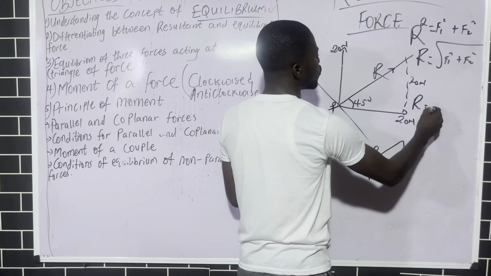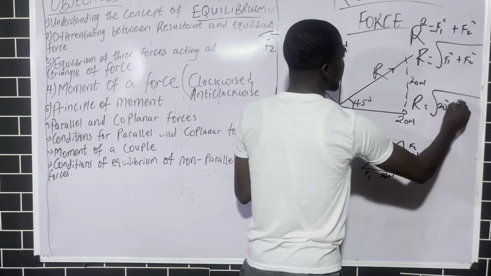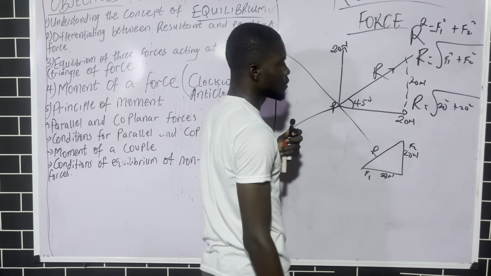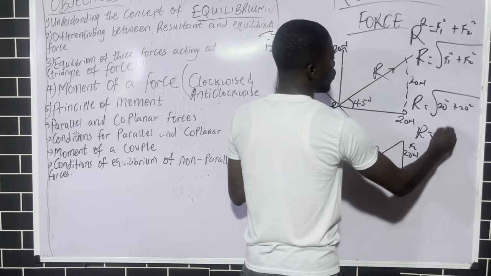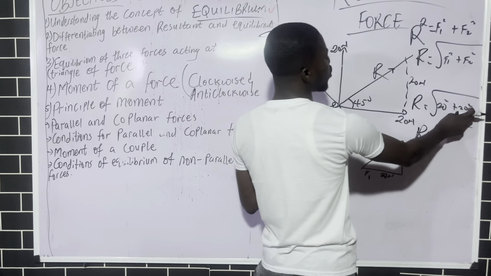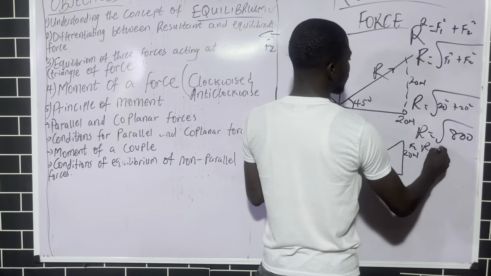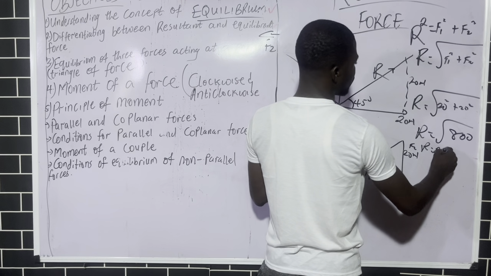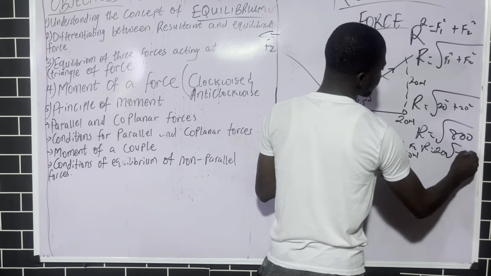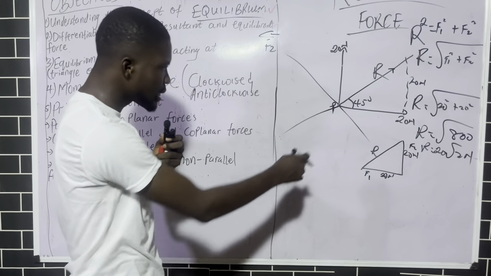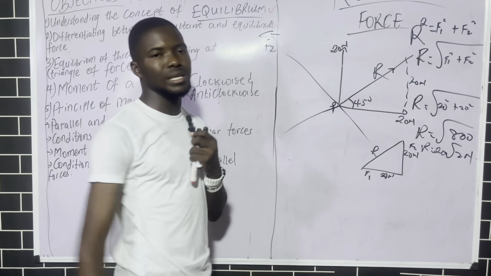So my R will be equal to the square root of 20 squared plus 20 squared. 20 squared is 400. 400 plus 400, that's 800. The square root of 800 will give you 20 root 2 Newton. That's how they got the result.